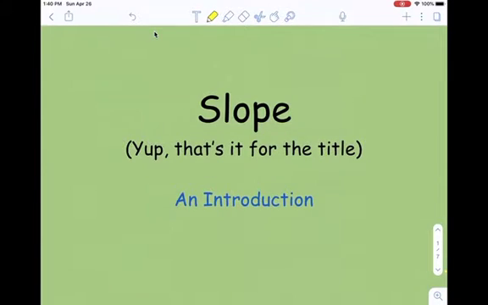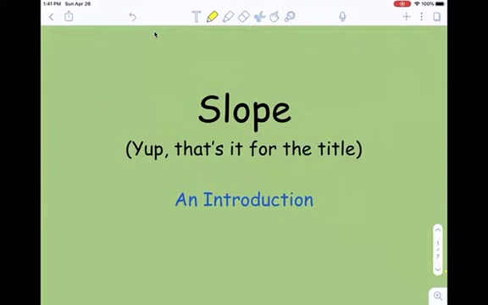So I want to break this down in as intuitive a way as possible, so that even though some of the math might get a little hard and at times weird, you understand the basic concept of what slope is and have an idea of how to find it, so it's not just some weird thing that materializes out of nowhere.